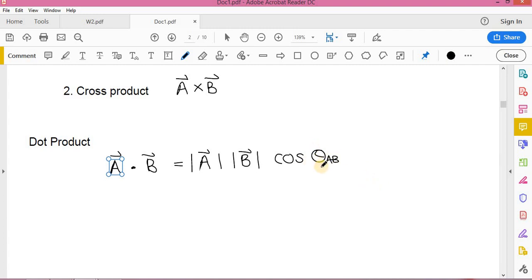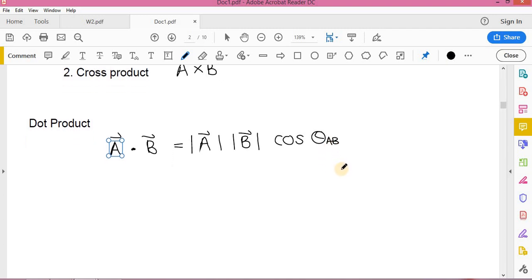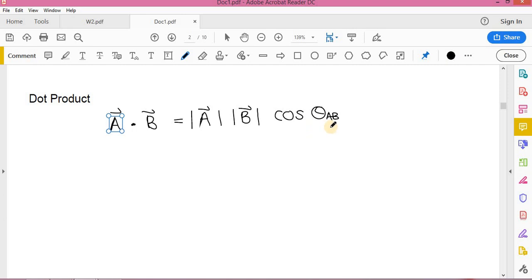This is the angle between vector A and vector B. I will give you a simple example to help you understand the meaning of this theta.